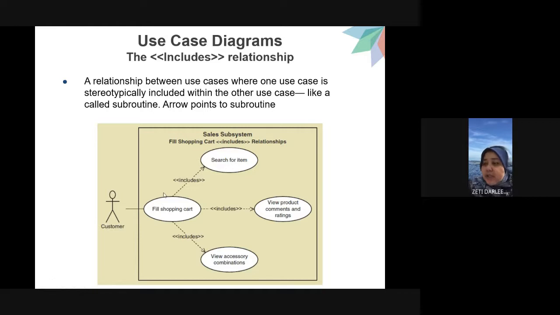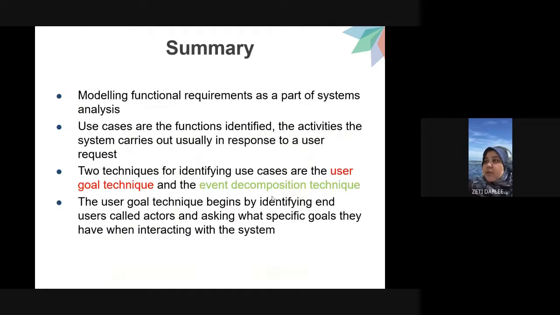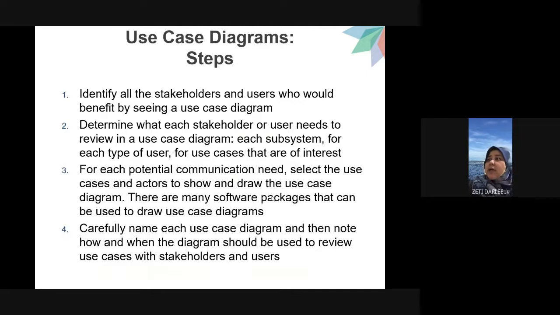So for fill shopping cart, you must have these three subroutines, which are search for item, view product comments and rating, view accessory combinations. Okay, so that is how we use include. Excludes ada dia punya exclude lah, tapi tak contoh lah kat sini. Okay, so use case diagram. Dia tak tunjuk CRUD tu apa ya.